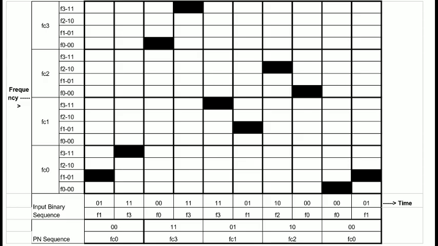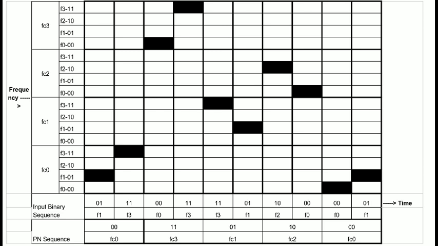In the fifth instant, we have 1 1 as input binary sequence and 0 1 as PN sequence. In FC1, mark the F3 frequency. In the sixth instant, we have 0 1 as input binary sequence and 0 1 as PN sequence. So in FC1, mark the F1 frequency.